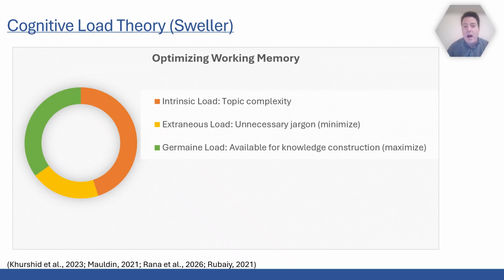There's the intrinsic cognitive load, which refers to the inherent complexity of information or concepts, which in pharmacology we can argue is pretty high. There's extraneous load, that's what distracts the learner. Ideally, we can minimize this by focusing on essential content. And then there's the germane load, which is the amount of resources available to new schema construction.